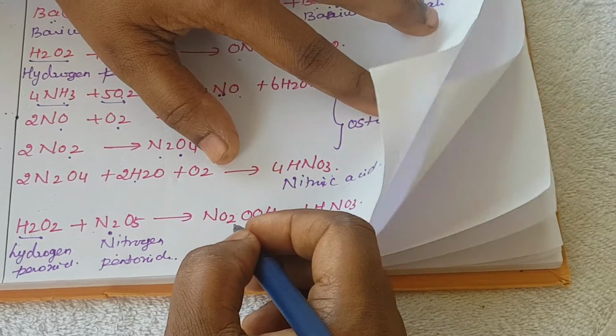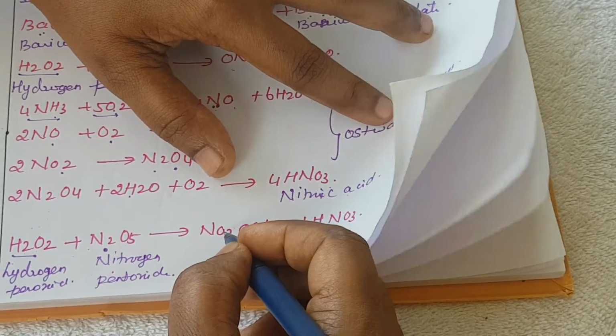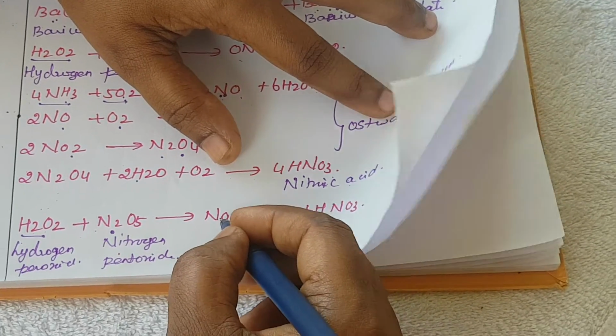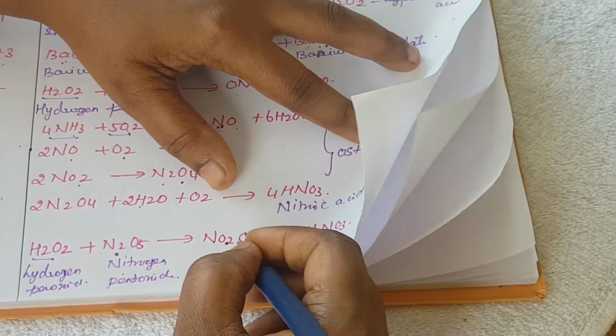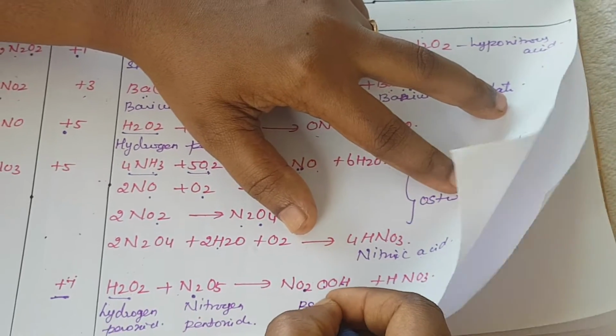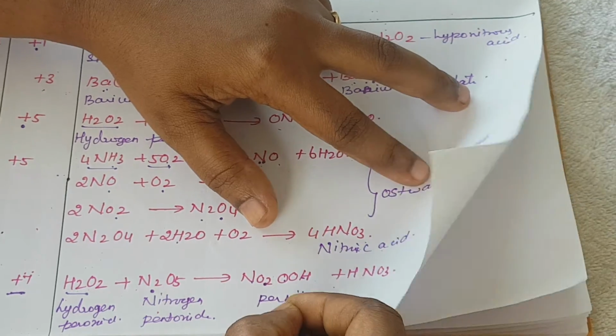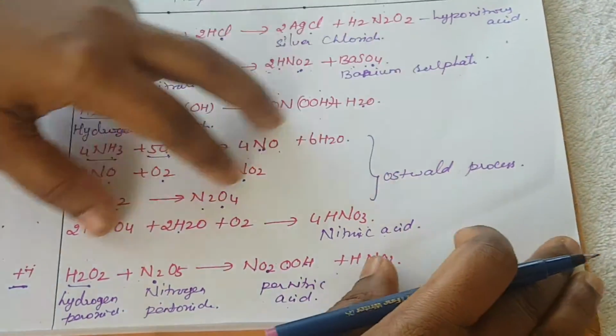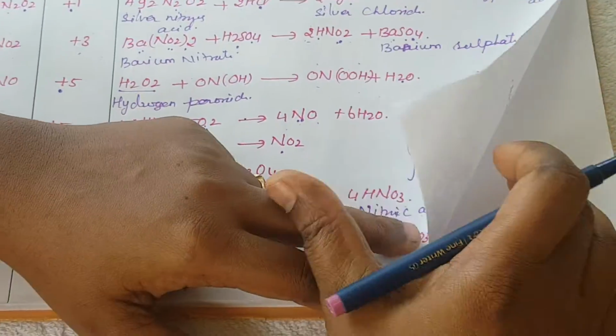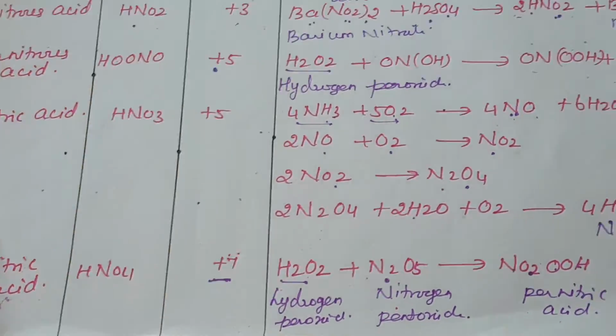So pernitric acid, HNO4. HNO4 can be written like this, NO2 HNO4. So that is pernitric acid. Nitric acid. Okay, that's all about the preparation of oxo acids of nitrogen.